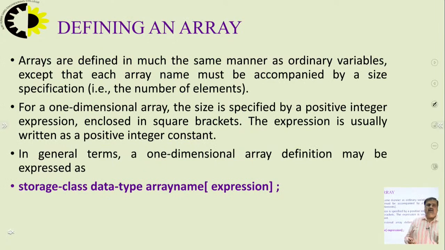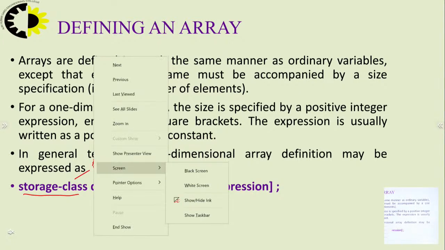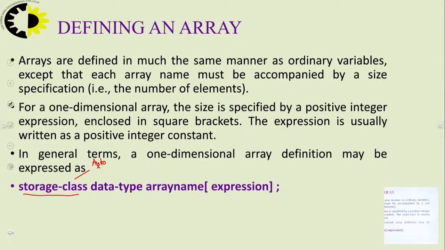Now, how to define an array? In the C programming language, like any other variable, we can define arrays also. So, we use a storage class. I hope you remember the storage classes. They were auto, extern, register and static.